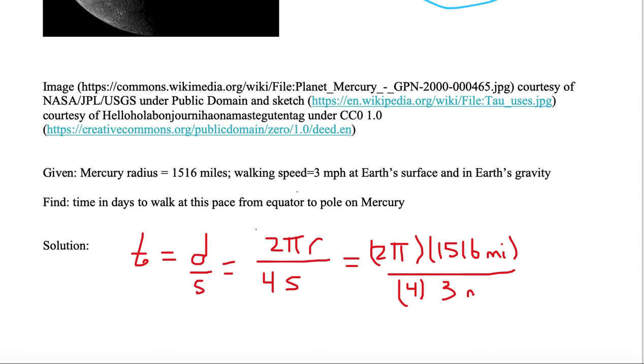So I'll put my miles in the denominator, and then per hour means that hour goes in the numerator, because there's your miles per hour. So now we can cancel like units. Miles cancels with miles, and we're left with hours in the numerator, which is expected because we're solving for time.